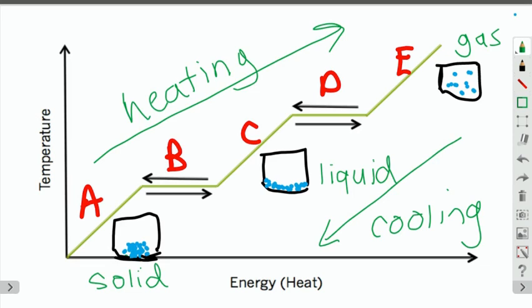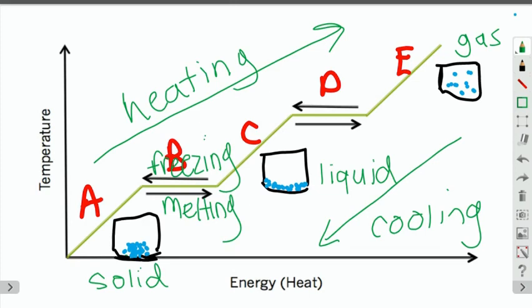If you take a look at B, going from either a solid to a liquid or a liquid to a solid, those would be the B arrows, freezing and melting.